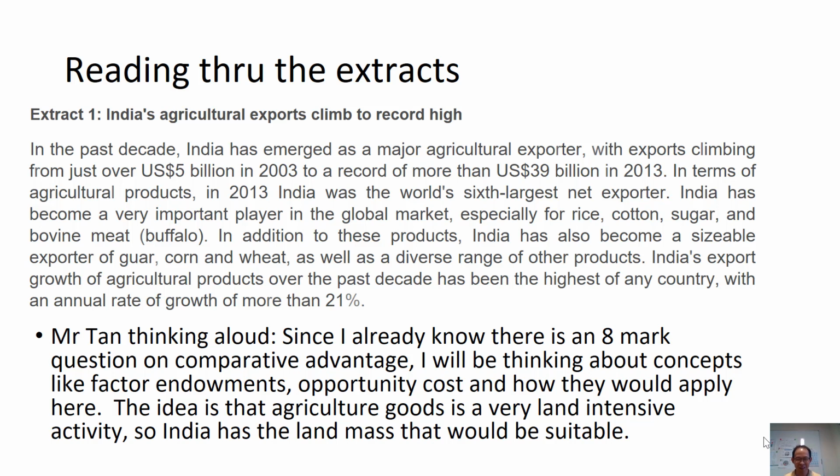So, having said all these things, when I look at this particular extract, I can understand better how India can emerge as such a major agriculture exporter. India is in the group of countries called the emerging economies. I call this BRIC, which stands for Brazil, Russia, India, and China. These four economies are known as the emerging economies. Now, it is no surprise.